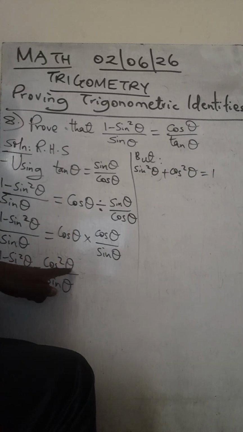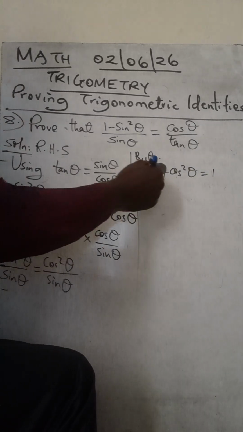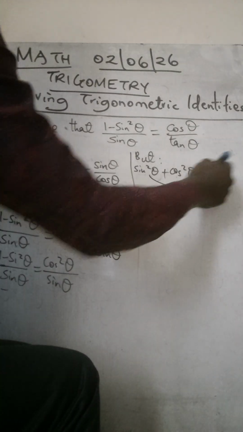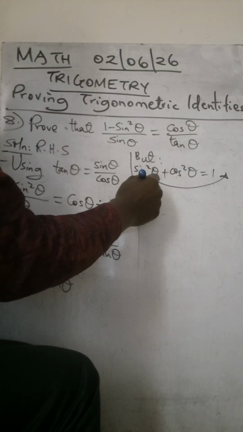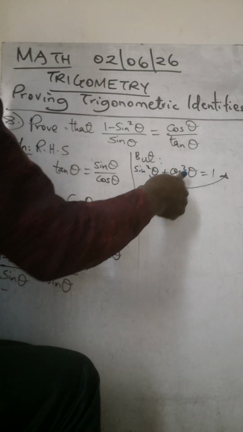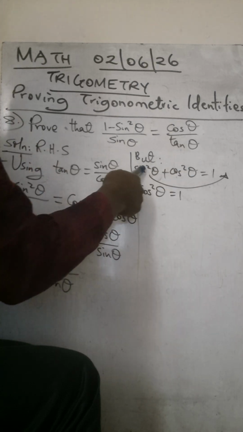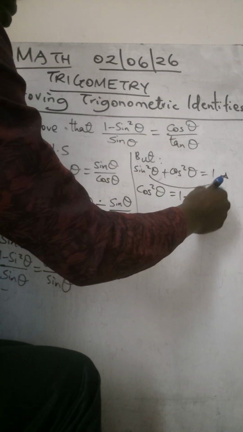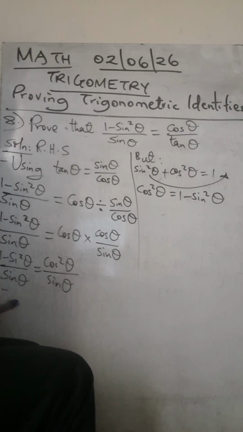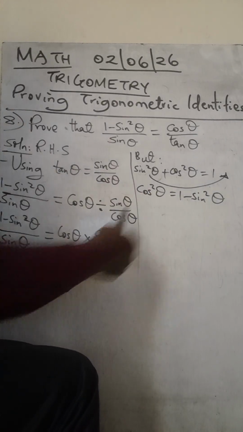Make this the subject of the formula. So bring this one to the other side. So cosine squared of theta will be equal to 1 minus sine squared of theta. Substitute the whole of this thing here.